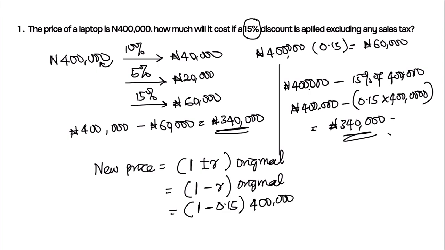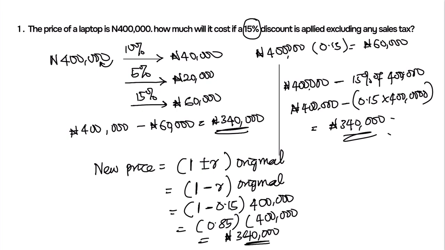Remember, 1 is just like saying 100%, then subtracting 15% from it. So you'll be having about 0.85 times 400,000, and this should give you your 340,000 if you solve it right. So that's just how the mathematics works. It's very straightforward. And don't mind my handwriting.